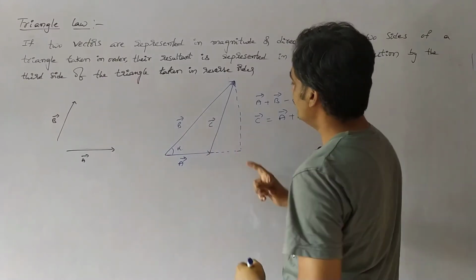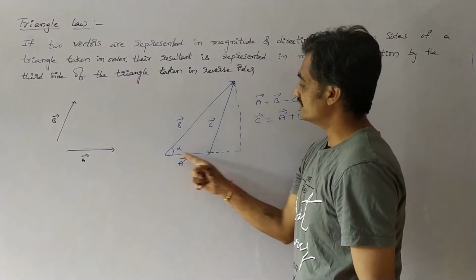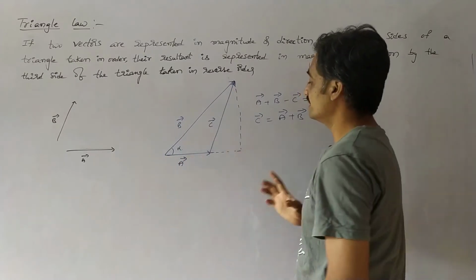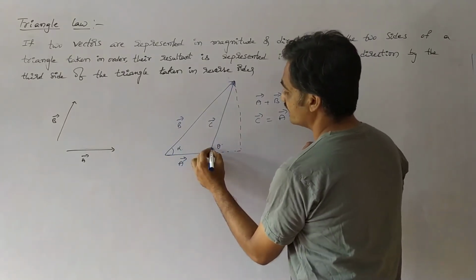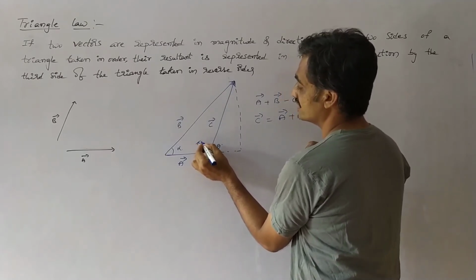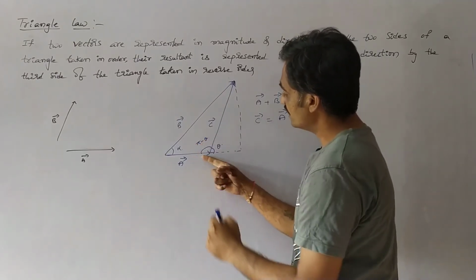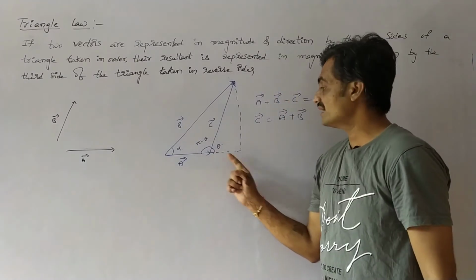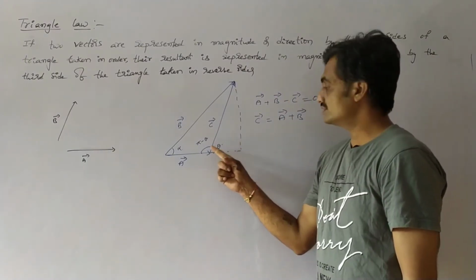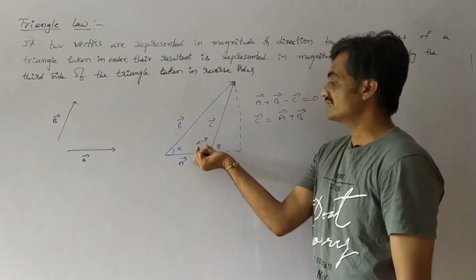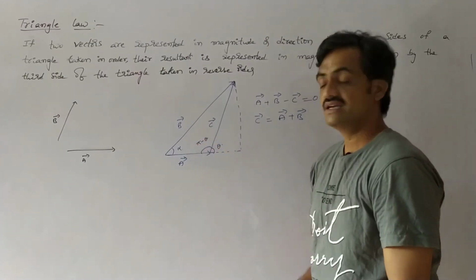Based on this, observe that this triangle is a right angled triangle. The angle at this position is theta and the angle at this position is pi minus theta. Why? Because since it is a straight line, the angle is 180, and here we have theta, so we can represent the angle at this point as pi minus theta, 180 minus theta.